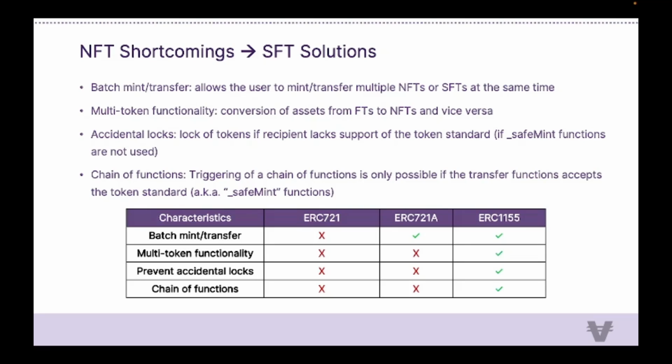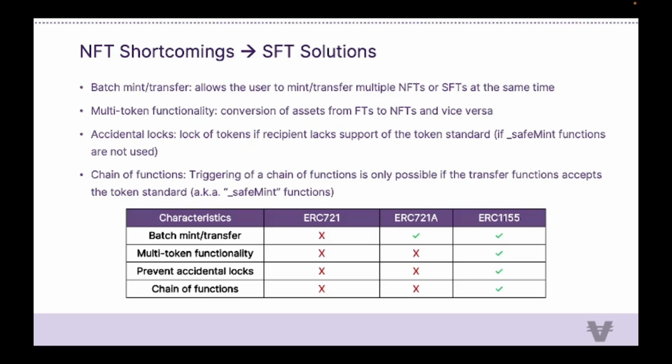So what ERC 1155 does, it has a mechanism or code that prevents you from sending your tokens to the wrong address. And then the chain of function goes hand in hand with the previous feature. Triggering of chain of function is only possible if the transfer function accepts the token standard. So this is a bit similar to the accidental lock.